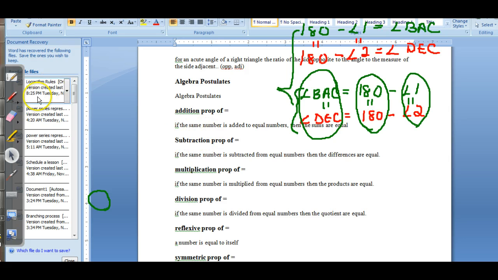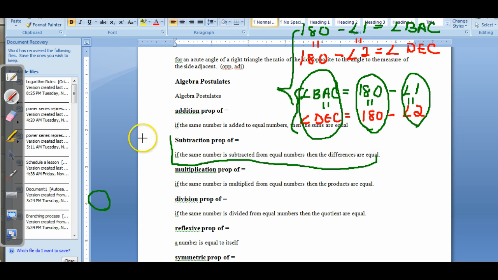They call it the subtraction property of equality. And it says the same thing. I mean, it's Euclid's axiom. And it says if the same number is subtracted from equal numbers, then the differences are equal. And so this particular publisher is calling it the subtraction property of equality.